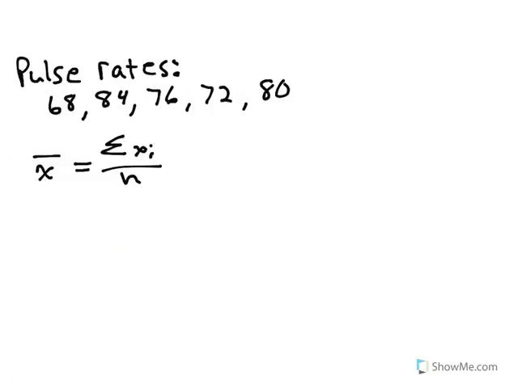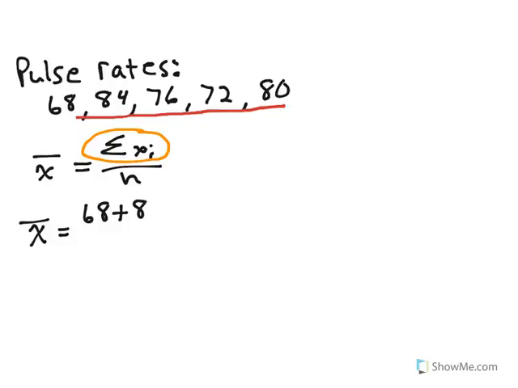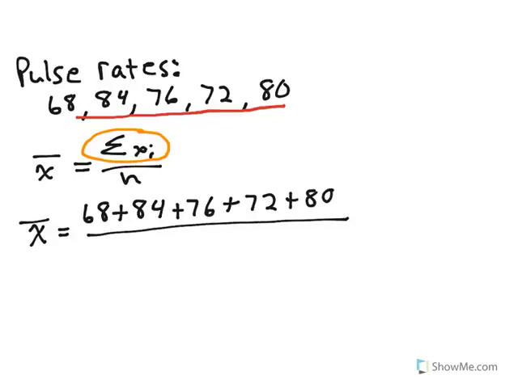For example, we have 5 pulse rates. The pulse rates are 68, 84, 76, 72, and 80. Using the formula for mean, we are going to replace the numerator, the sum of x sub i, with all our pulse rates, adding each together: 68 plus 84 plus 76 plus 72 plus 80, and then divide by the denominator, n, which is how many are there?